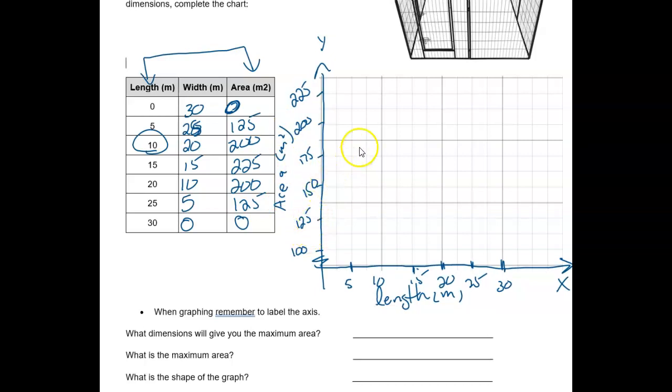All right, so let's graph this. I'm going to start here, and we'll fill that in after. So when your length is 5, your area is 125. When your length is 10, area is 200.